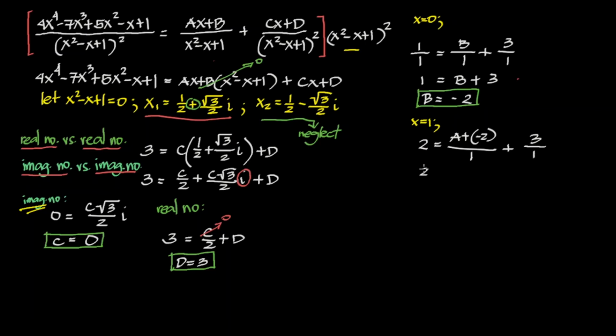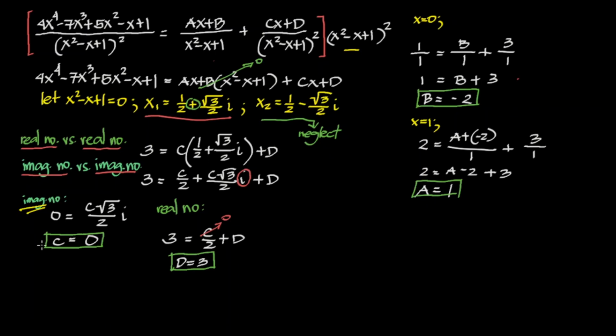So simplify natin, so we have a positive, negative, so we have negative 2 plus 3. So ibig sabihin yung value ni a is, negative 2 transpose, that's 2 plus 2, 4, minus 3, that's 1. Okay, so yan yung value ni a.